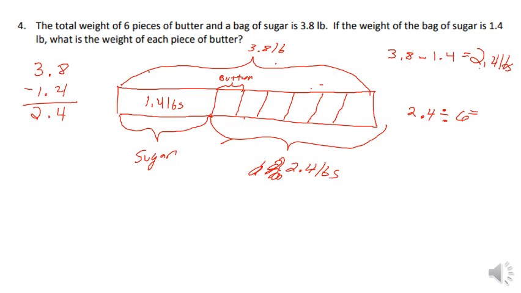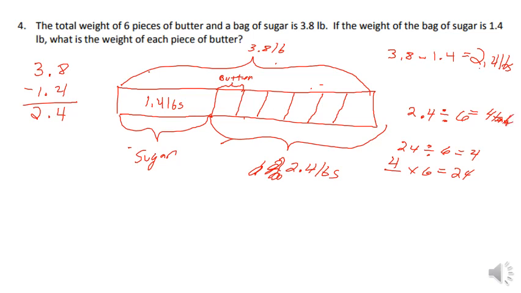Now there are a couple of different ways I could do this. One of them, using my basic math facts, I know 24 divided by 6 equals, well, I know blank times 6 equals 24, and that's 4 times 6. So I know 24 divided by 6 is 4. So 24 tenths divided by 6 would have to equal 4 tenths.